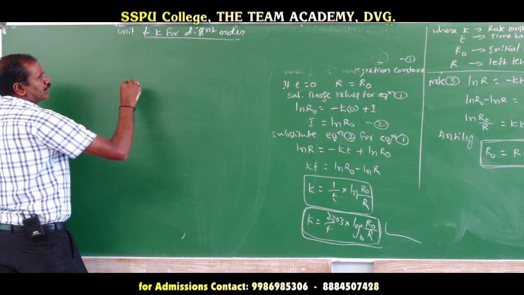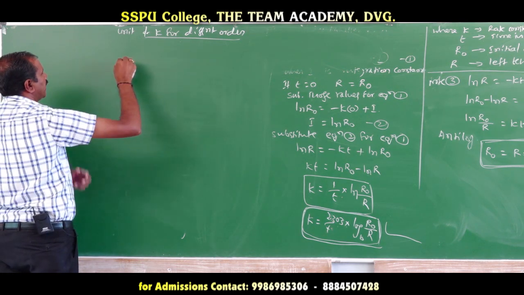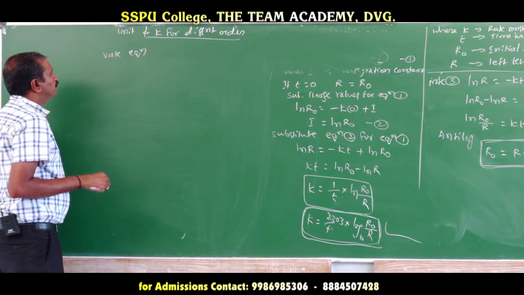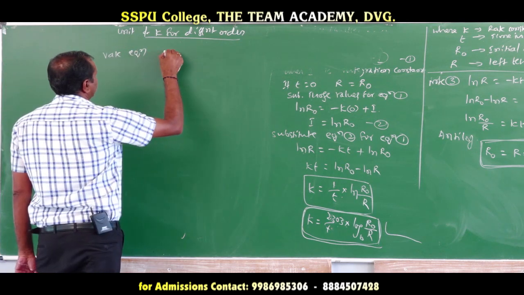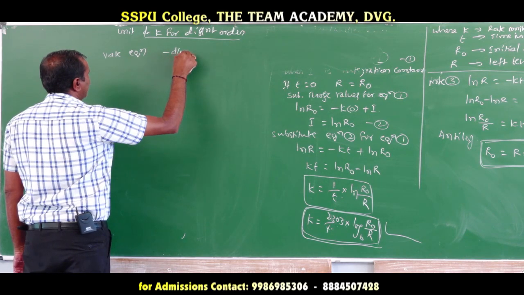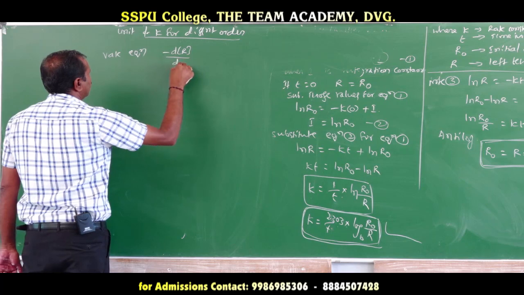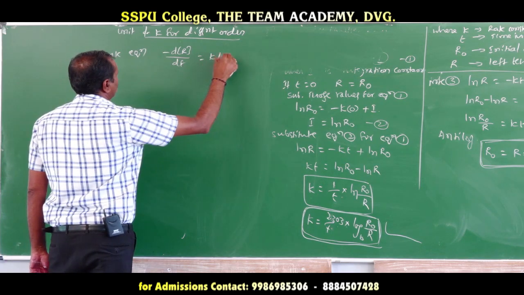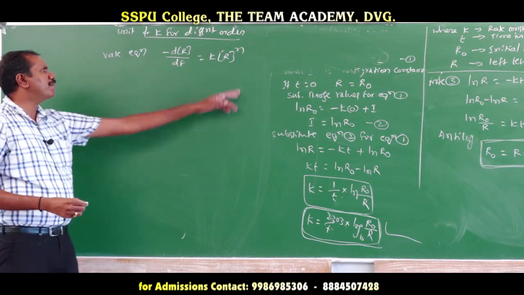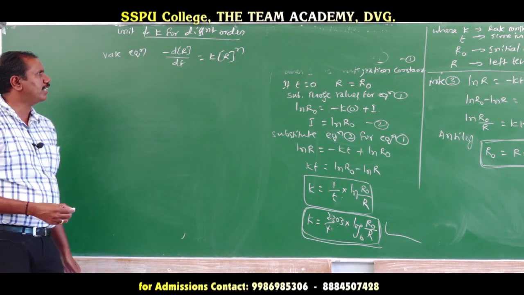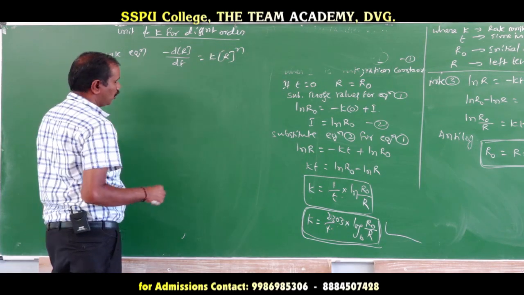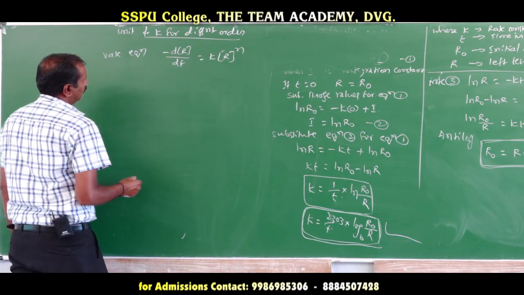Before that, we may write the rate equation. Rate is nothing but velocity. Velocity we may write as minus dR by dt, which equals k into the concentration of R to the power n, where n may be 0, 1, 2, 3, 4, etc. For zero order it is 0, for first order the power is 1, like that.